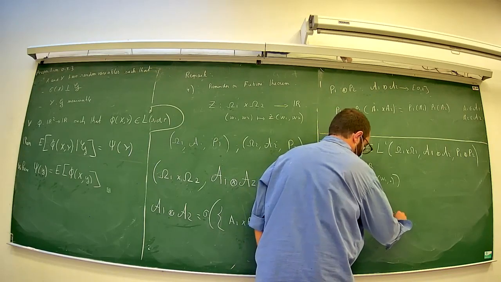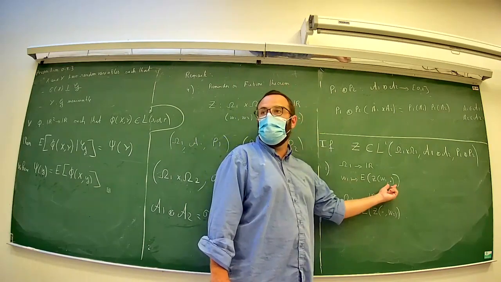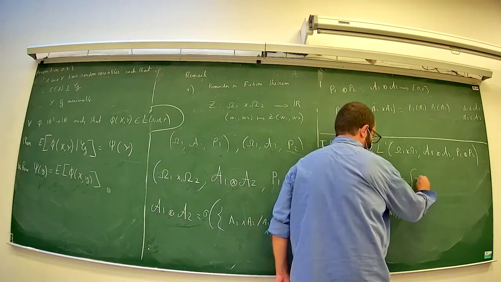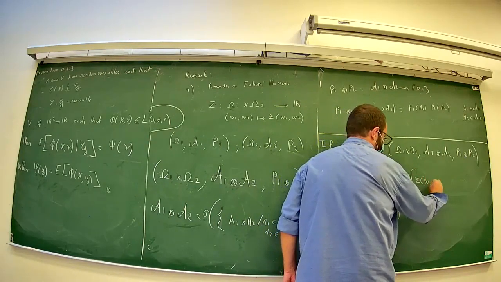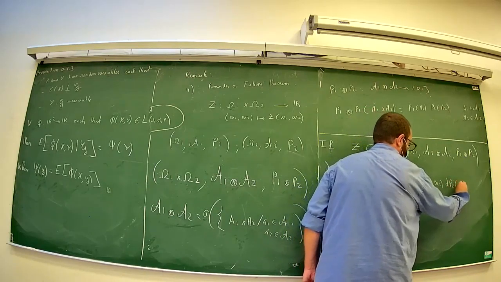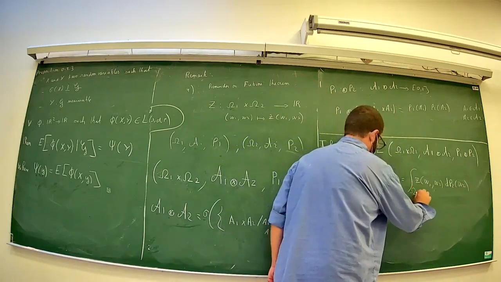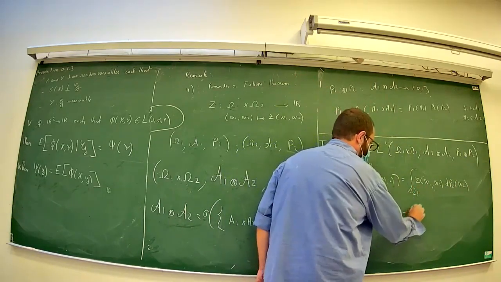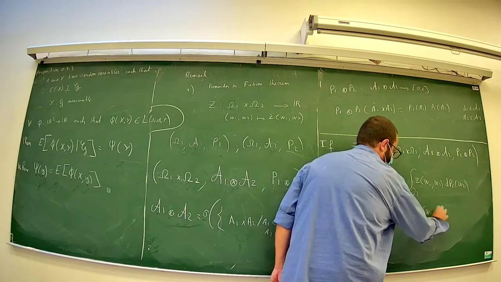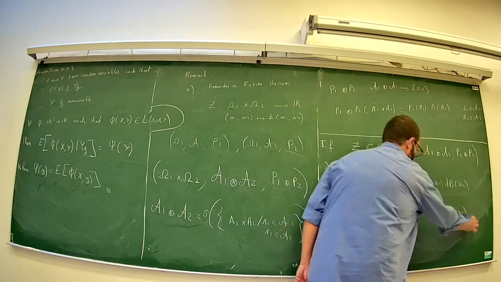It just means: what happens if I integrate with respect to the second variable only? This one is just the integral of Z(ω1, ω2) dP2(ω2). Integrating in omega 2. This one is the integral over omega 1 of Z(ω1, ω2) dP1(ω1).